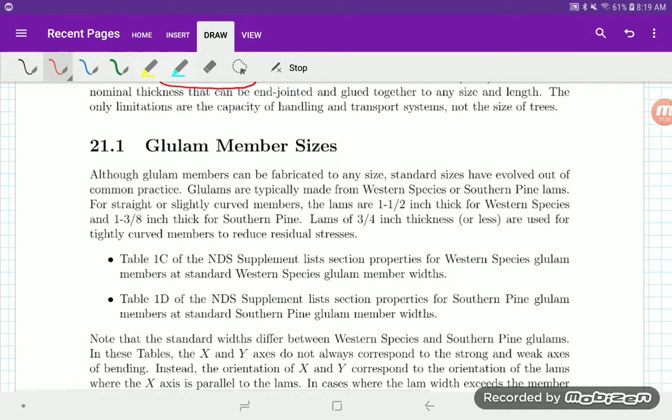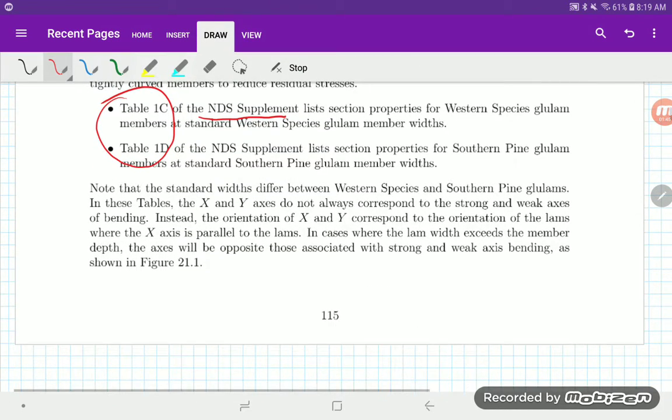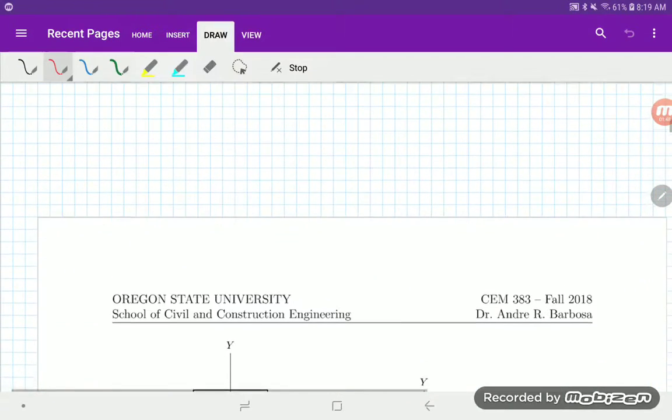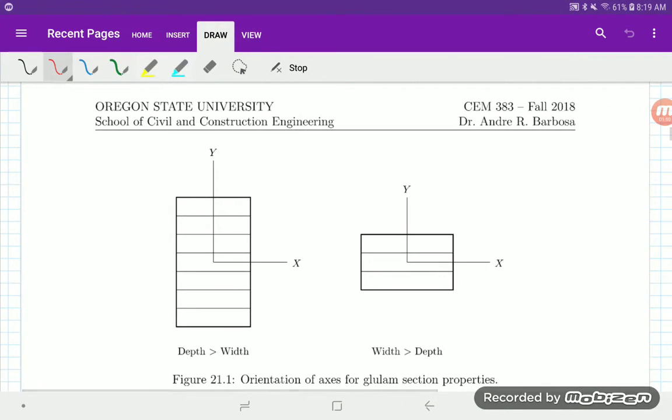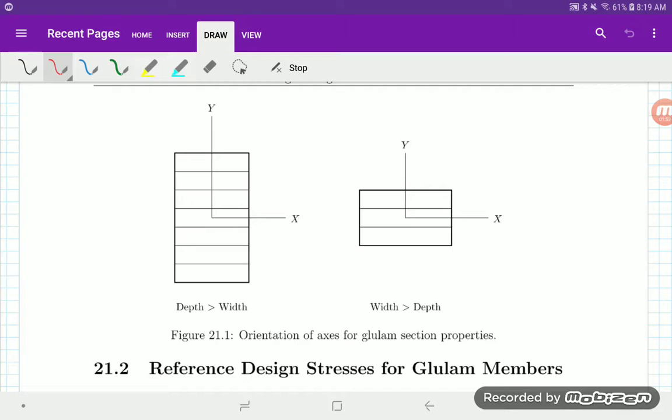So glulam member sizes are defined in tables 1C and 1D of the NDS supplement. I already went through that before, so I won't go into too much detail here. But really what we're talking about is a bunch of 2x. For example, that's one board that you could go and get off Home Depot.